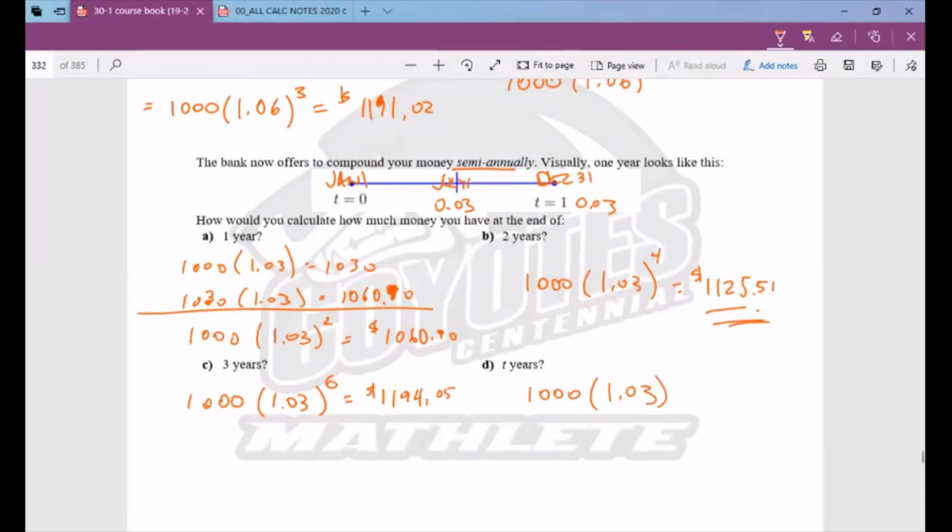Now, if t years have gone by, and if we have had 2 compoundings every year, then this will be to the 2t.